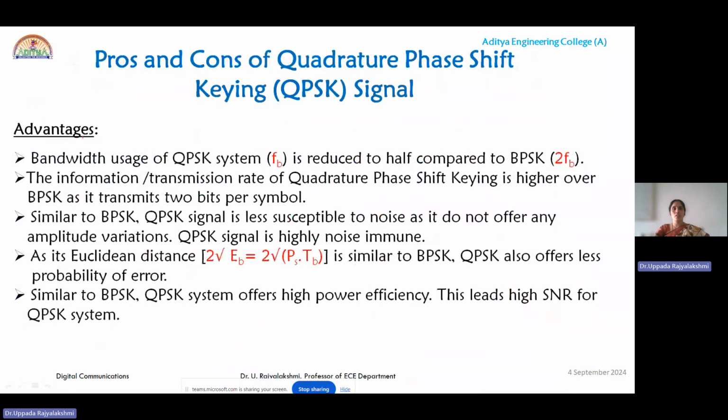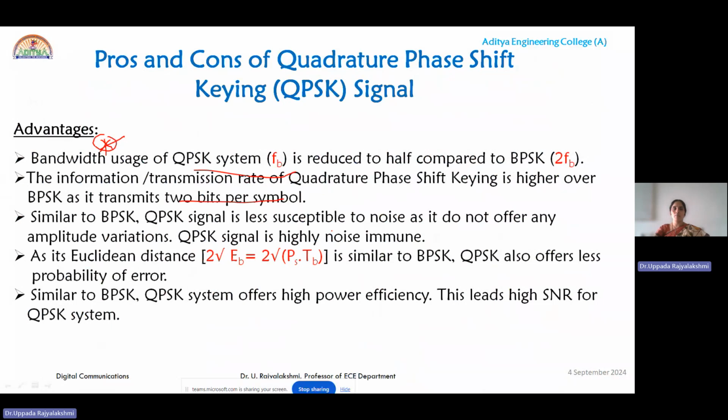So we can conclude that there are many advantages of QPSK when compared to BPSK, as well as the earlier techniques. For QPSK, the bandwidth is only f_b, half that of BPSK, which is one advantage. Similarly, here we are grouping 2 bits per symbol.